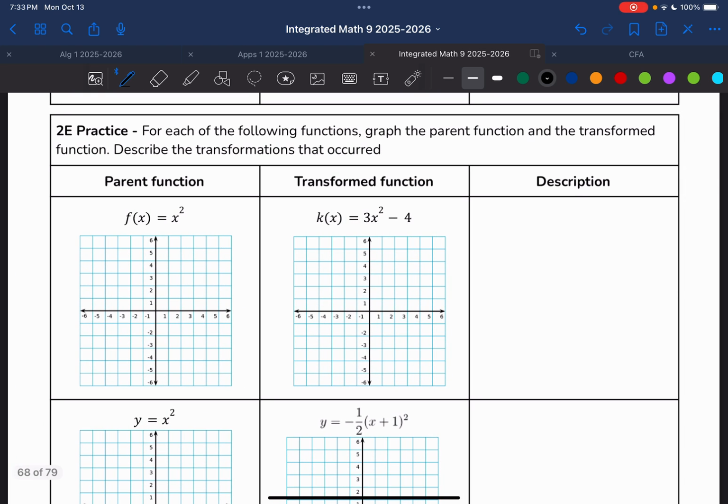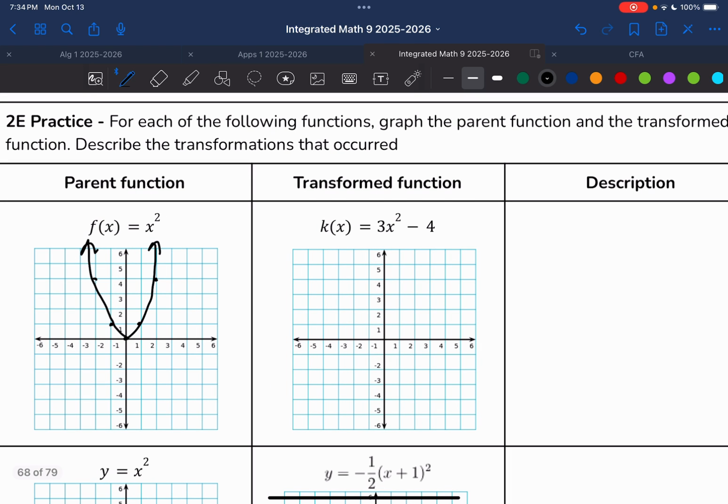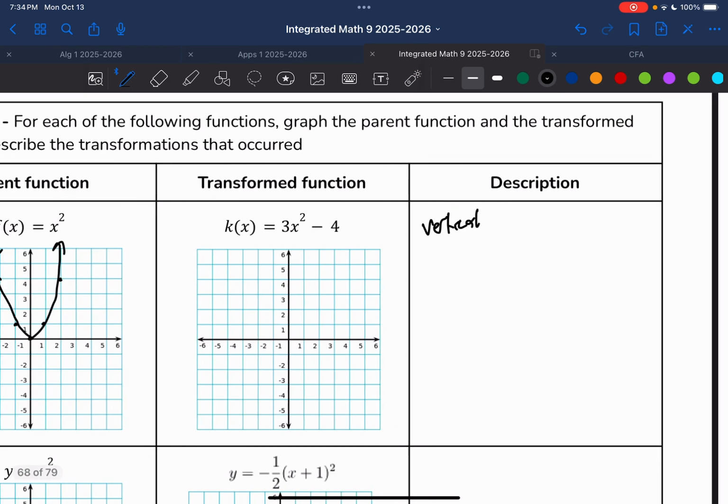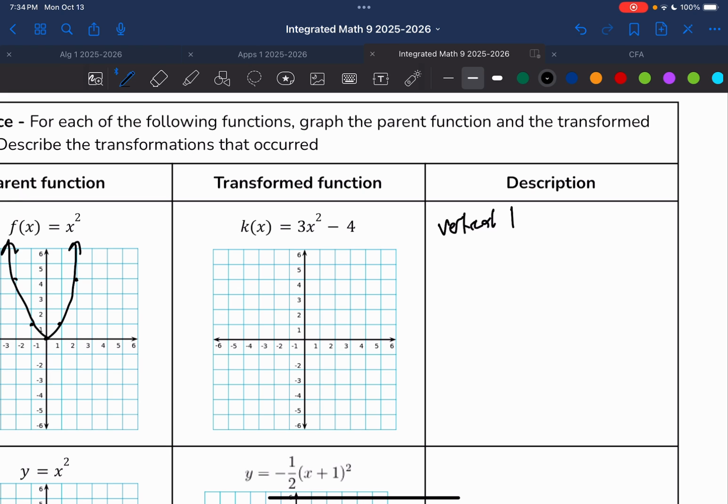All right, so we have some practice down here. So once again, starting with our original parent function, y equals x squared. We have y equals 3x squared minus 4. So we're going to start with a vertical translation down 4.